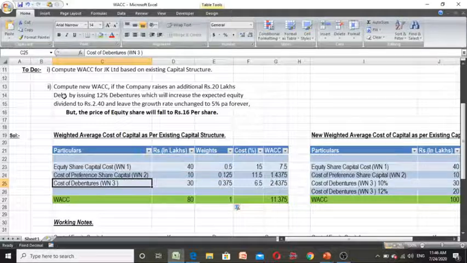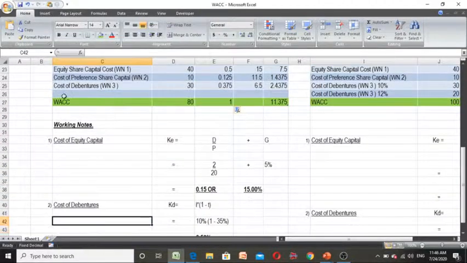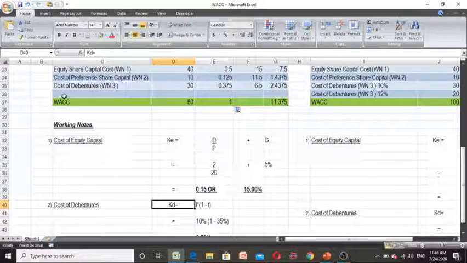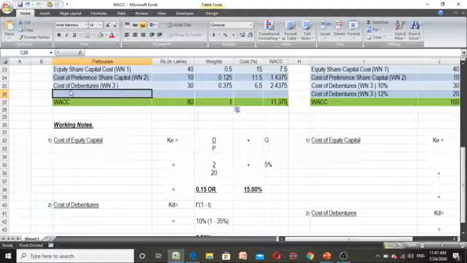Okay, and for that we should know that the formula for cost of debentures, which can also be written as KD, is equal to what? I into 1 minus T. I is nothing but the interest rate and T is nothing but the tax rate. Okay, so we'll just substitute the values, and we already know that the debentures have been issued at 10%.